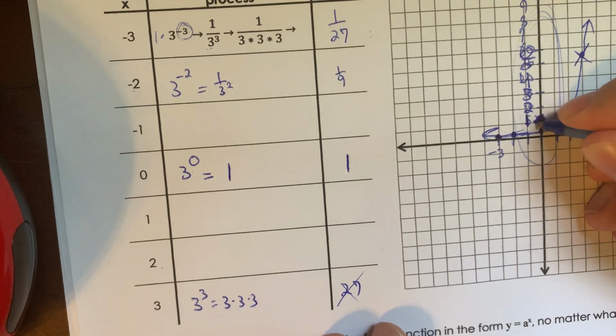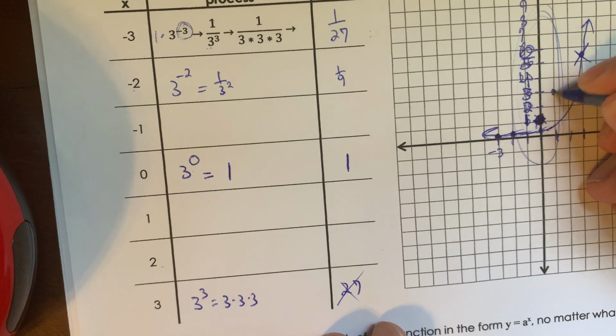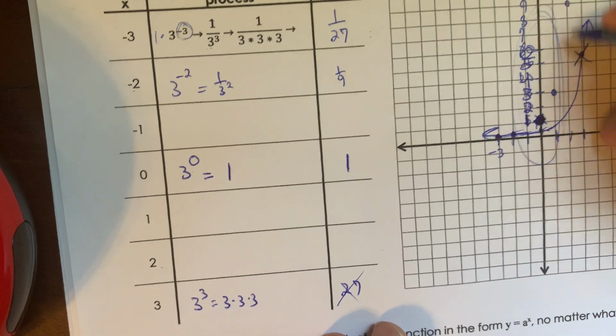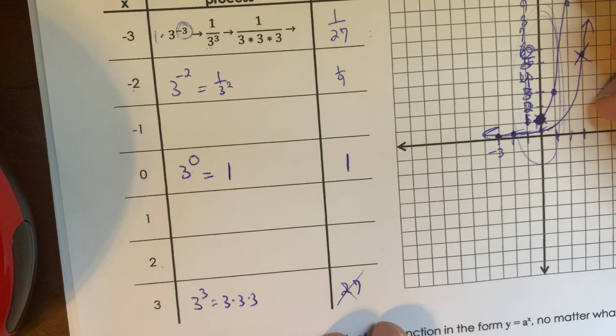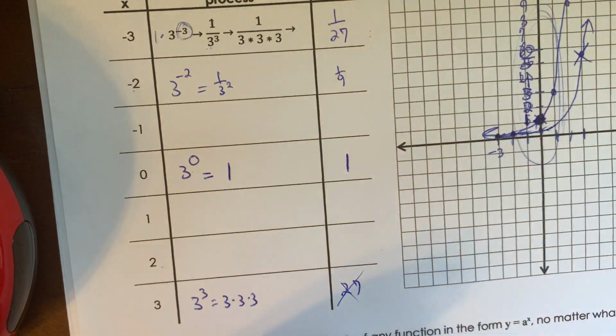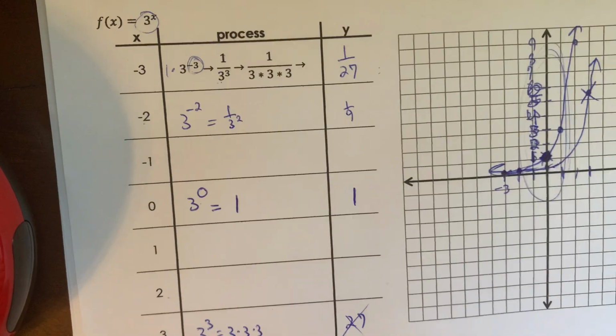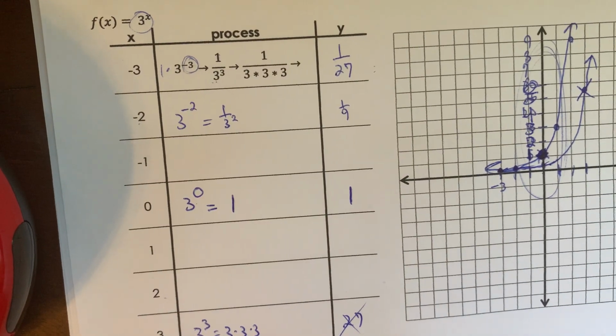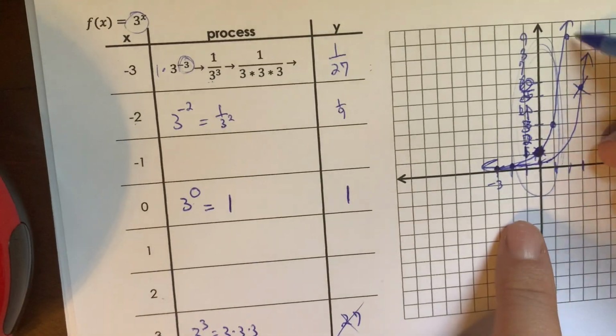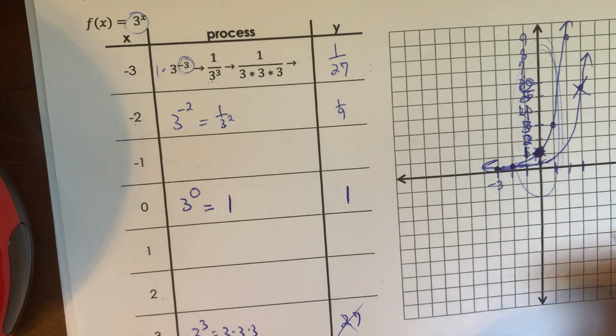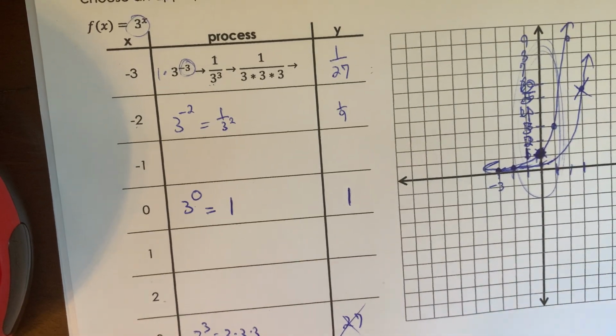I will have my point at (0, 1). I will have a point at (1, 3), and (2, 9). And then after that, it'll be off the graph. And that's okay. You can make different choices that are still appropriate. It's generally good if you have a table to fit as many of the points as you can. But missing one of the points is okay as long as you have it well scaled.